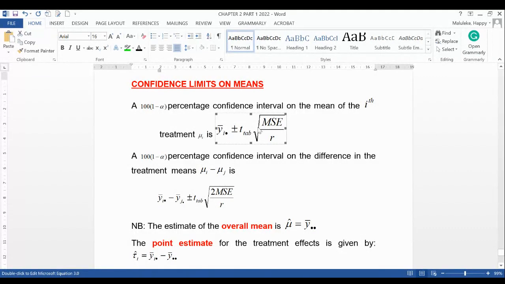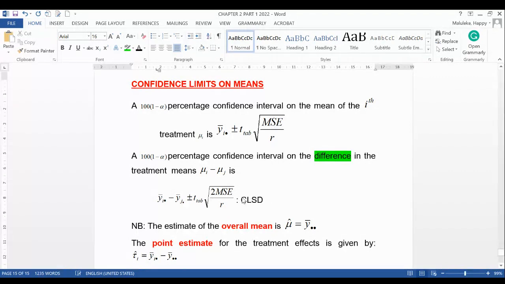But the first one, you are just finding the confidence interval for a certain treatment. But the second one, you are finding the confidence interval for the differences. So this is the confidence interval that can be used to check if the means are the same or the means are different. But the one that is indicated here is for the LSD.